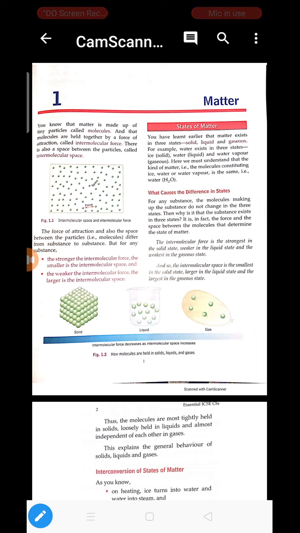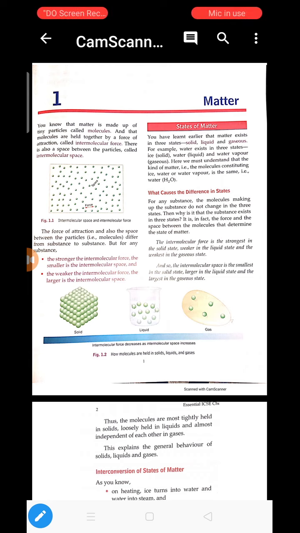The answer is that it is in fact the force and the space between the molecules that determine the state of matter, that is, in which state they exist.